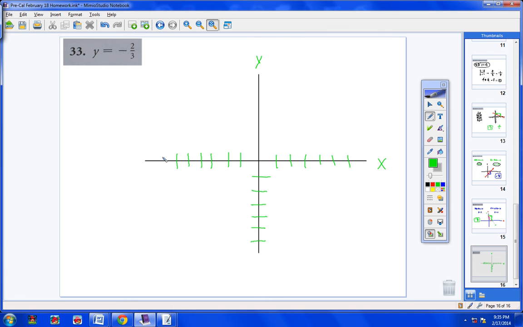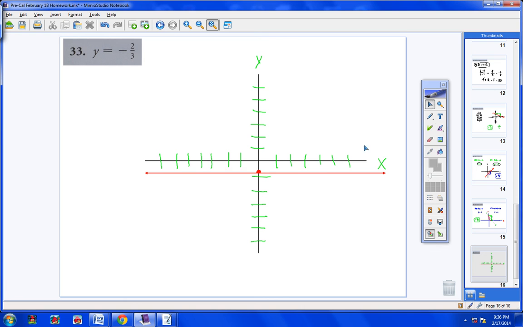And whenever you have just an x value in your equation, just an x with no y, then you're going to have a vertical line. Well, this is y equals 2/3, so I know that I'm going to have a horizontal line, and I know I go to -2/3 on the y-axis, which is about right here. And then from there, I go ahead and draw my line. So my line would look something like this. There we go.